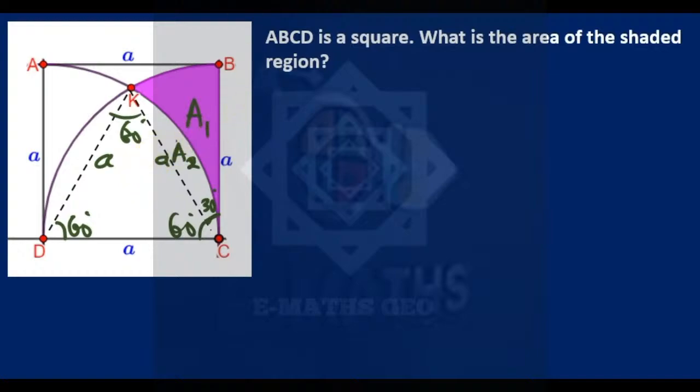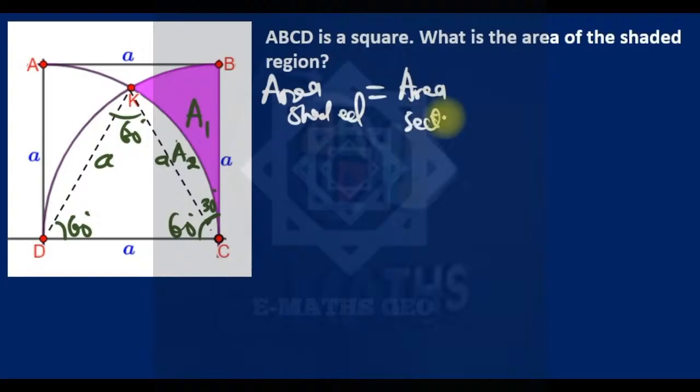So from here we can see that the area shaded is equal to the area of sector CBK minus A2.